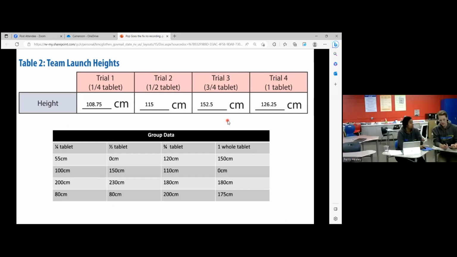I appreciate you bringing up that question. So when we talk about data, we talk about errors that often happen. So things that could go wrong. Maybe the group didn't put enough Alka-Seltzer in. Maybe they put too much water. Now at this age level, 10, 11-year-olds, I might not talk about the precision of the given instrument.